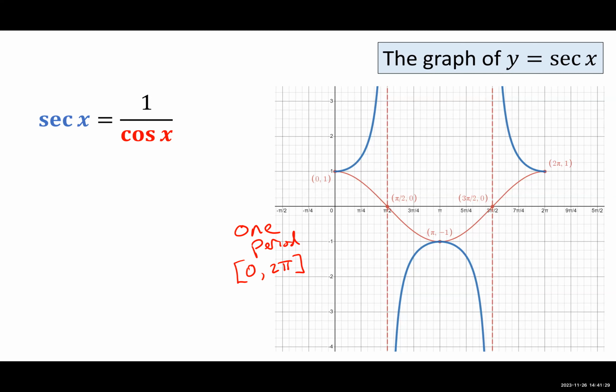Now, the secant function, this is our sixth trig function, and just like the other 5, this one period repeats infinitely many times to the right and to the left. To the right of 2 pi and to the left of 0.